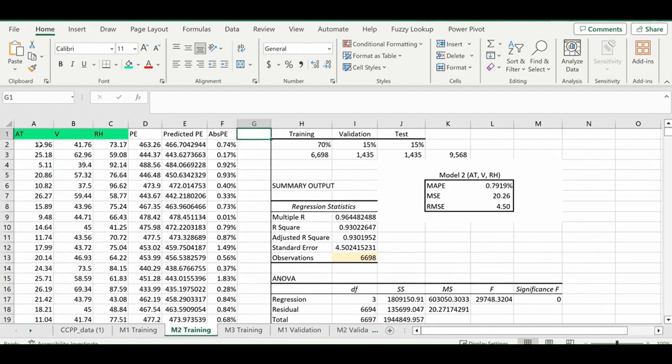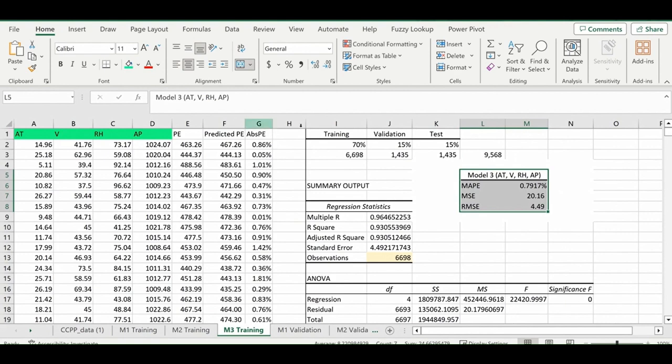We have model 1 training, model 2 training, model 3 training, and to gauge the absolute percent error, we take our residual divided by the output. So the residual from our predicted versus the actual, we get the average of that number, which for this model led us to a 0.79% average percent error, mean squared error of 20, and root mean squared error of 4.5.